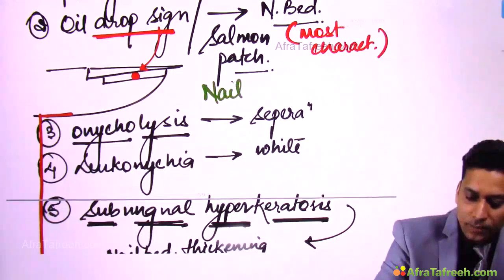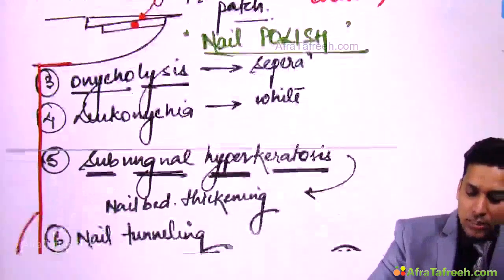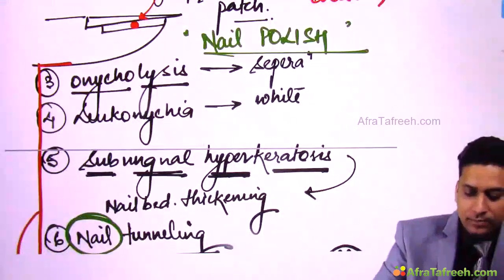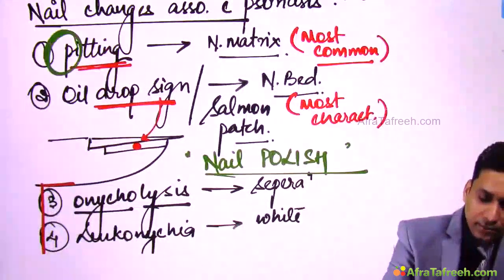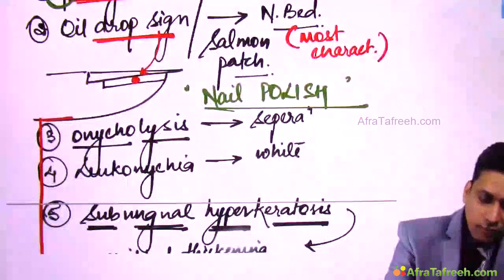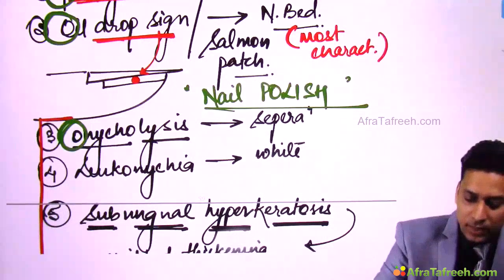nail polish. Simple, nail polish. So first is N for nail tunneling, P for pitting, O for oil drop sign along with onycholysis, L for leukonychia.